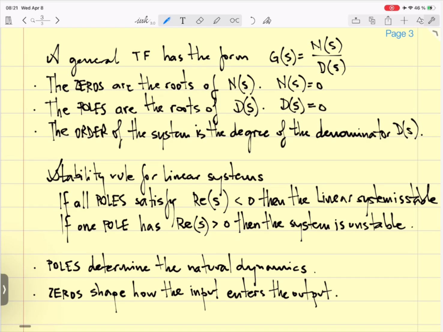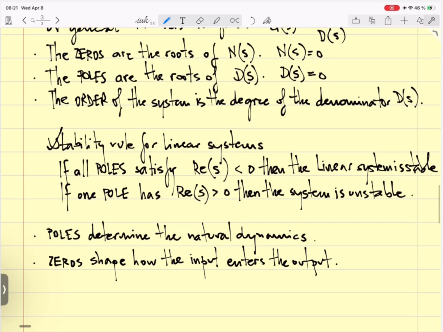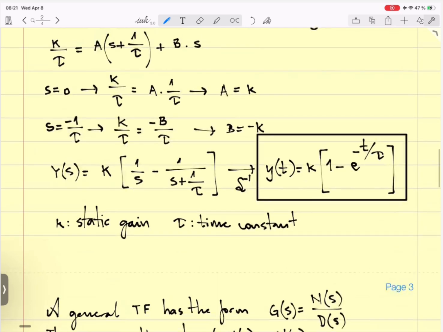Okay, so now let's analyze a second order transfer function. We have analyzed a first order transfer function.